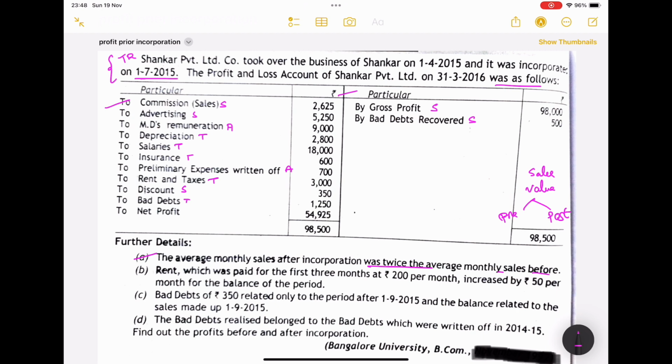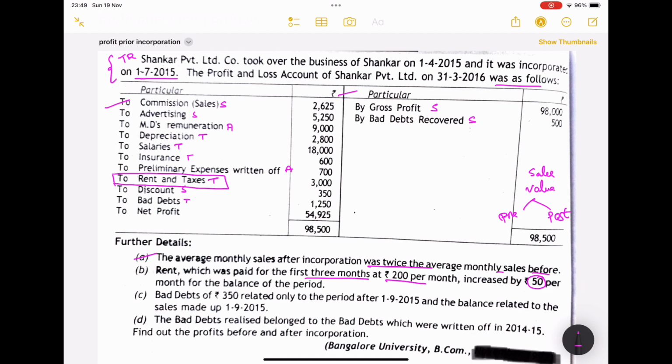So we'll solve that. Rent which was paid for the first 3 months was 200. We have rent, rates and taxes, isn't it? So here we have an adjustment: the first 3 months was 200, then increased by 50. We are going to see how to bifurcate the increment values.